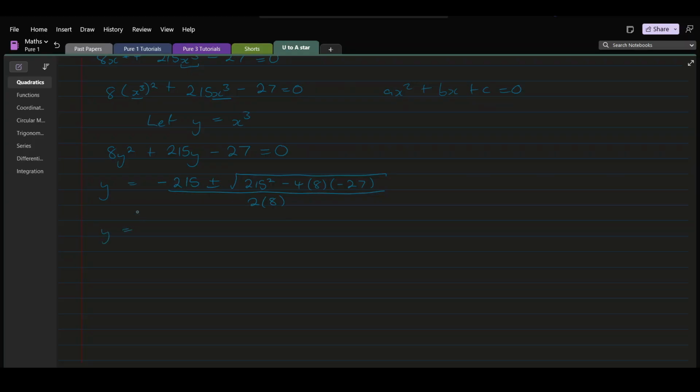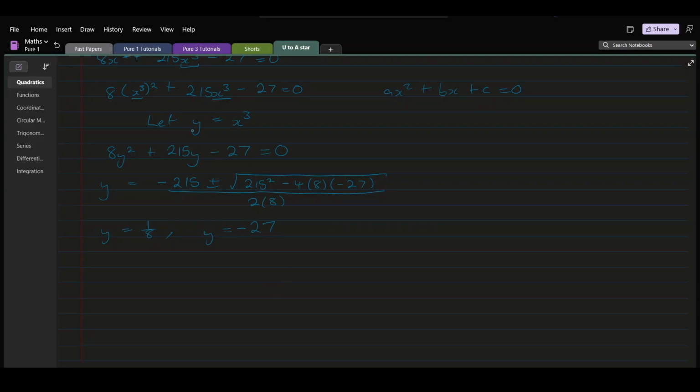So that would be negative 215 plus the square root of 215 squared minus 4 times 8 times negative 27, all over 2 times 8, and this gives us y is 1 over 8. And y is, now let's use the negative sign, so negative 215 minus the square root, that gives us negative 27.